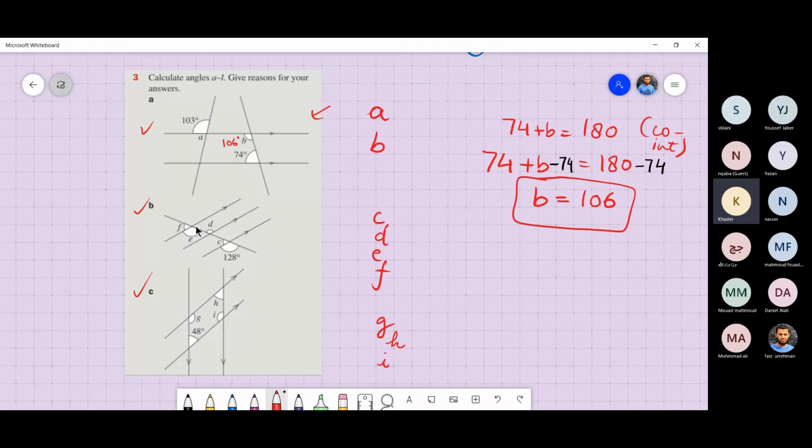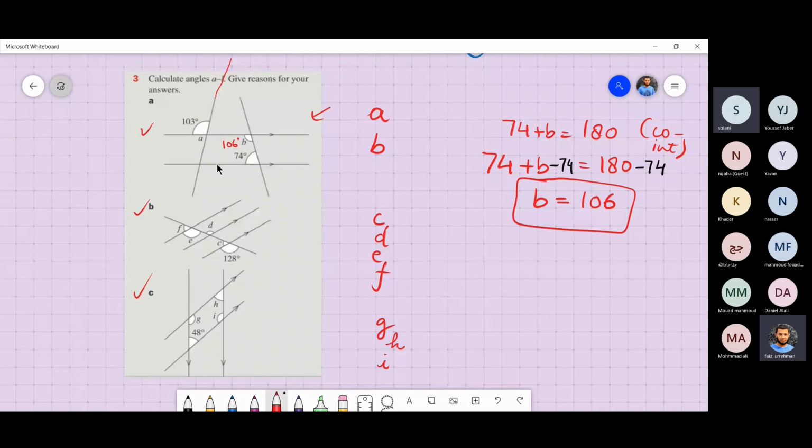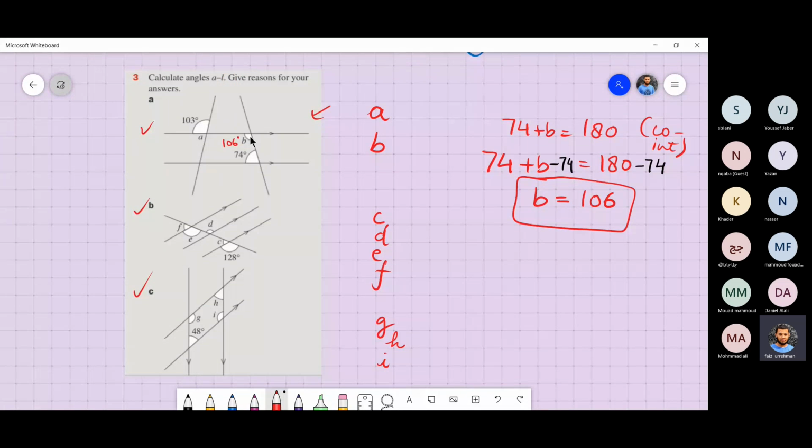Then can we find A by corresponding? A will not be corresponding, because are these lines parallel? No. They will meet somewhere here. So you cannot use B equal to A by corresponding. You can use it only if they were parallel. If they are not parallel, you cannot use this property.